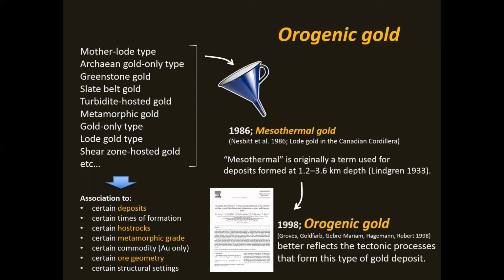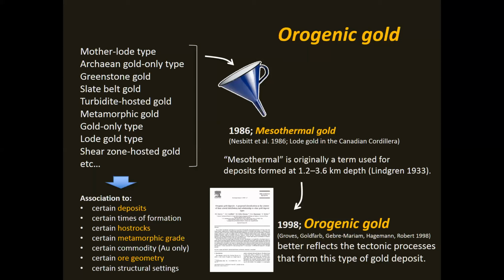So there were a bunch of different names, and in the mid-80s people tried to bunch these different deposit styles together, and Bruce Nesbitt called them, in his paper from 86, mesothermal gold. So that became the funnel word, so to speak, for all these different types of gold.